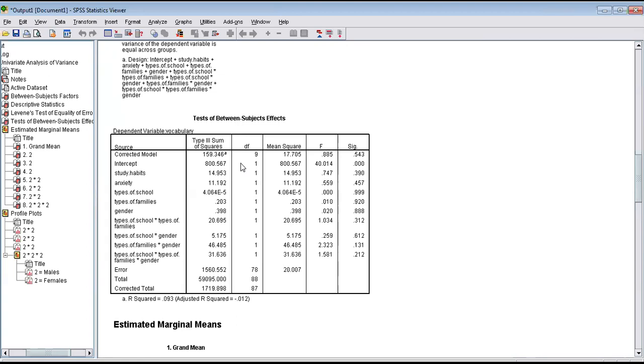Now the first is types of school. When it is 4.064 E minus 5, that means 10 raised to the power minus 5, so it is 0.0000406, which is essentially 0.041.